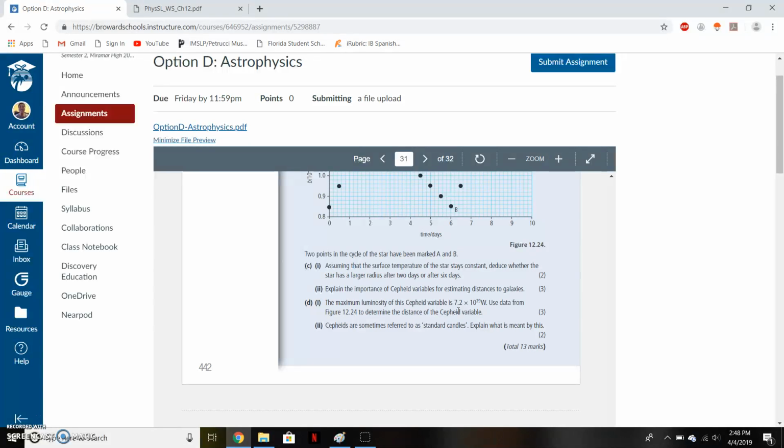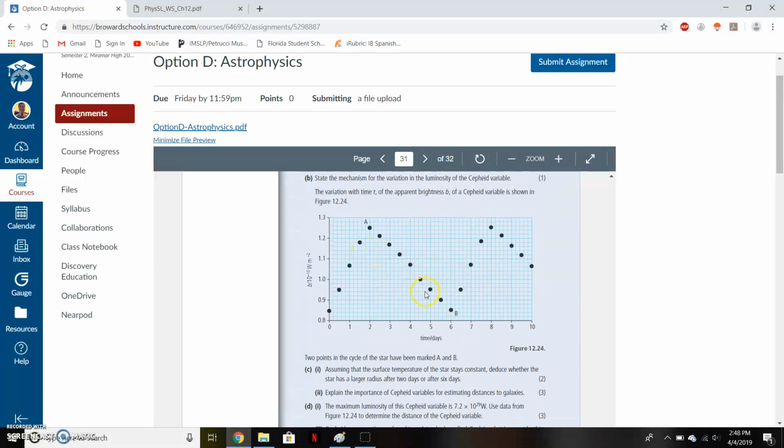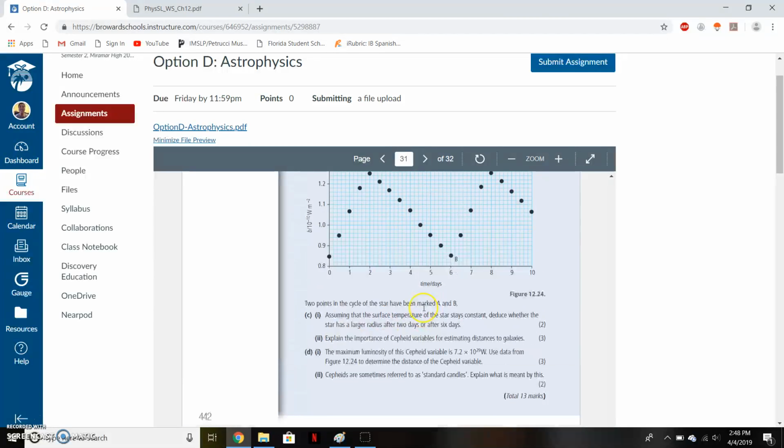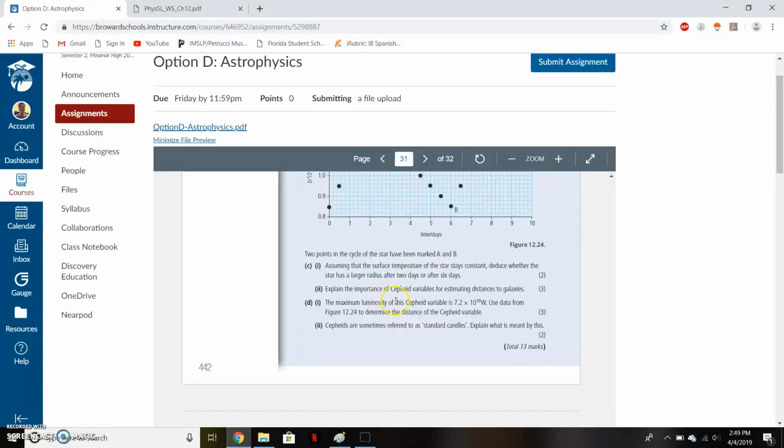Because it says maximum luminosity, the two marked points don't really matter. It's when it's the most bright, at around 1.25 times 10 to the negative 10 watts per square meter. So that's what we're going to use for our apparent brightness in the equation.